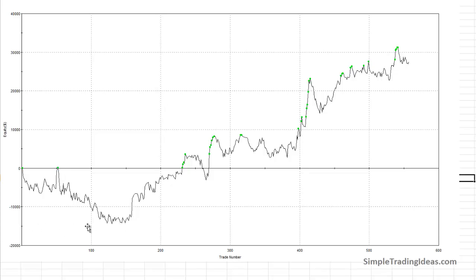It looks like it might be around $15,000. Maybe it may actually be more. The drawdown is basically, the maximum drawdown is basically the largest peak, as you see here, to valley dip in equity that we have.